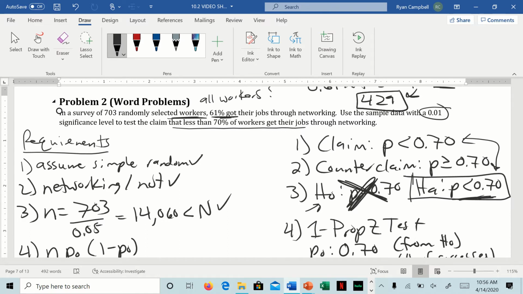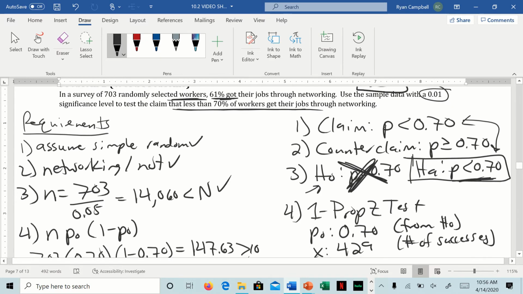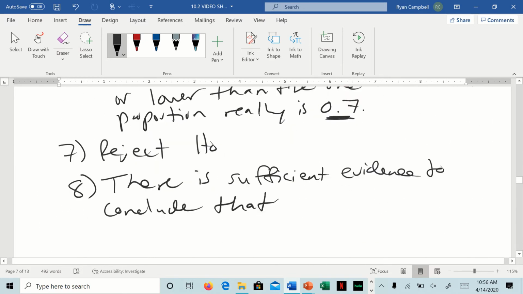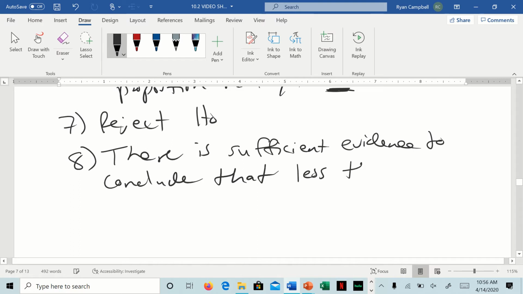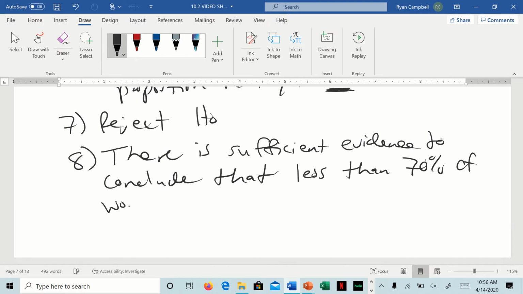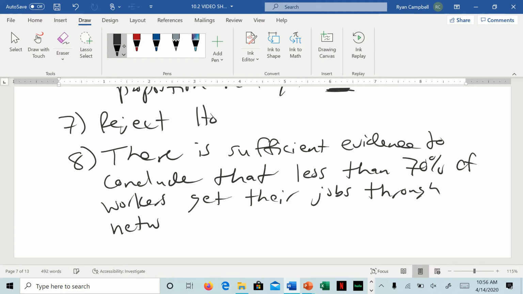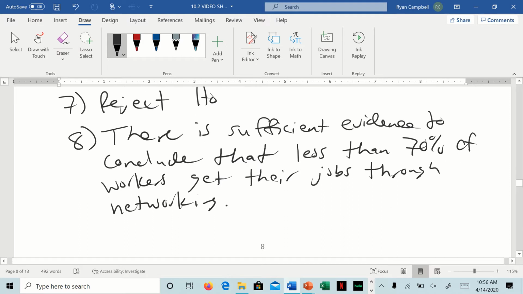That's the same as the claim, so we can just rewrite the claim: that less than 70% of workers get their jobs through networking. Good. And we have proven that.